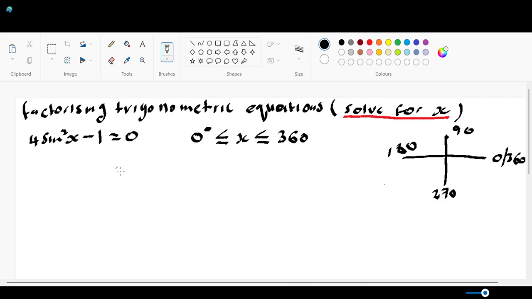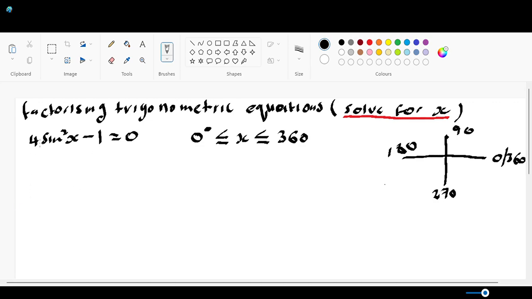So let's start. When you take this question here, as you can see already, this one is way easier. This is a difference of 2 squares, because if you square root 4 you have 2, if you square root sine squared x you're going to have sine x, and the square root of 1 is 1.